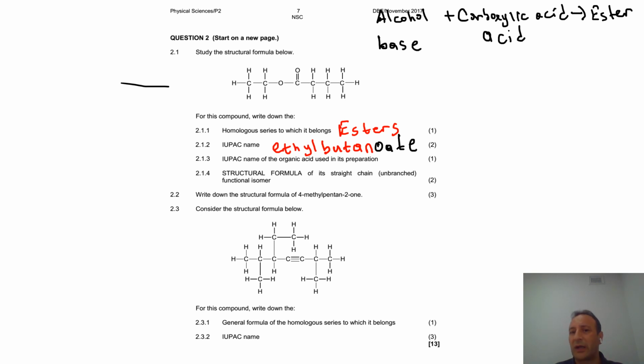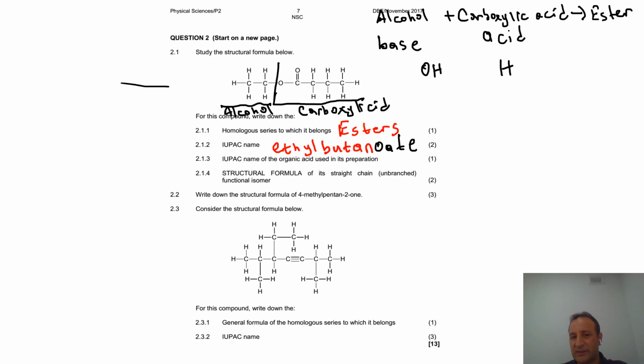That means the alcohol gives away the OH group while the carboxylic acid gives away the H. That indicates that this main group, this part, comes from the carboxylic acid, and the side chain comes from the alcohol.